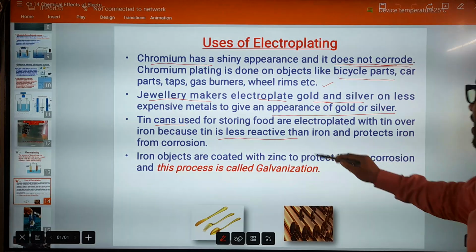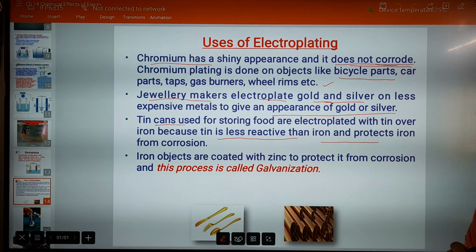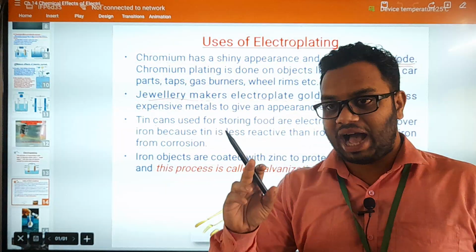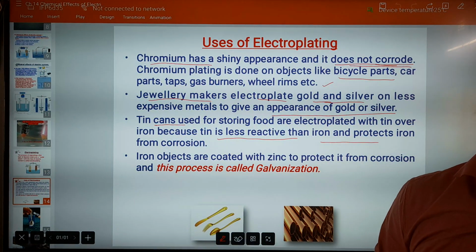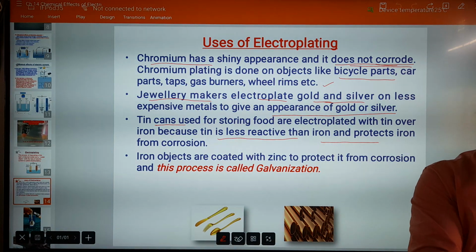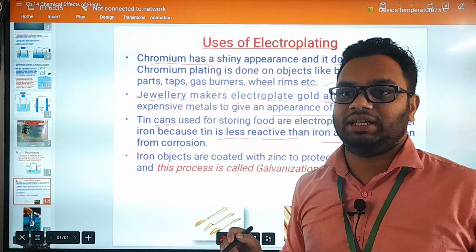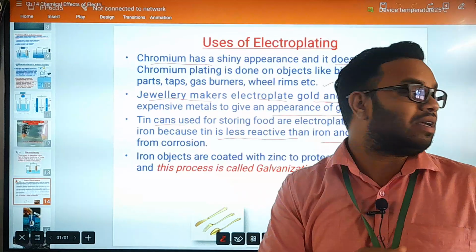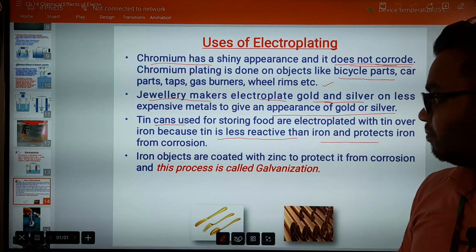Now the next point: tin cans used for storing food are electroplated with tin over iron because tin is less reactive than iron and protects iron from corrosion. If you keep any food material in an iron article, iron is very reactive. It can react and the food item can spoil, can be damaged very soon. But if you use tin cans, then that food item will stay safe for a long time. Understood?